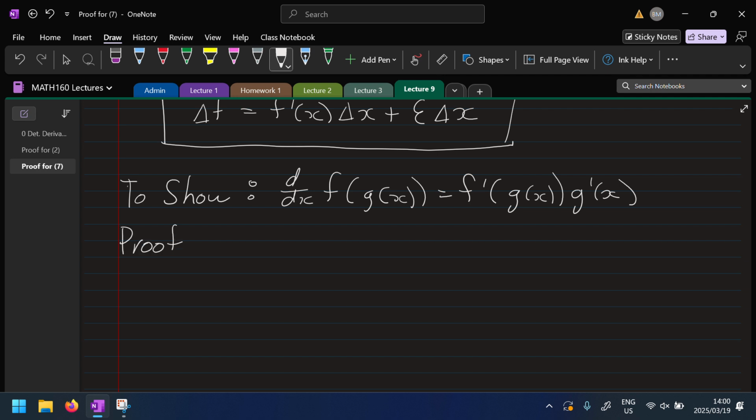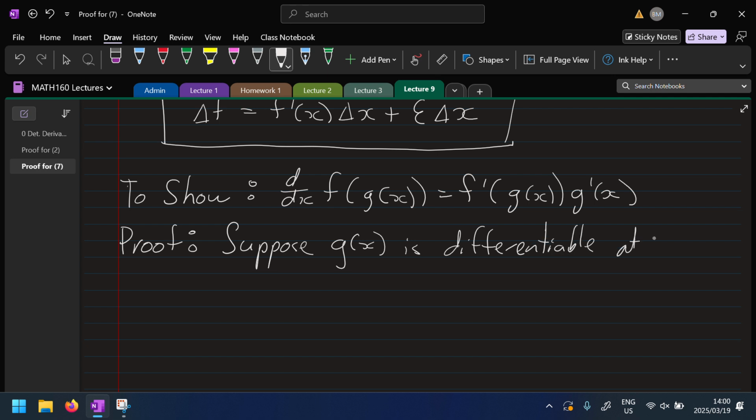Let's have a look at the proof. Suppose g of x is differentiable at, let's say, a. So at x equals a, g is differentiable. We know what that means.